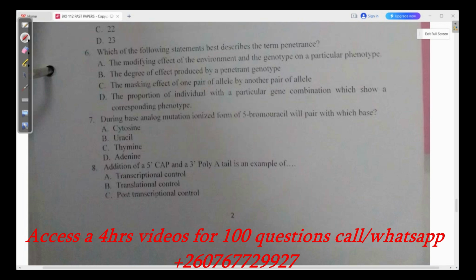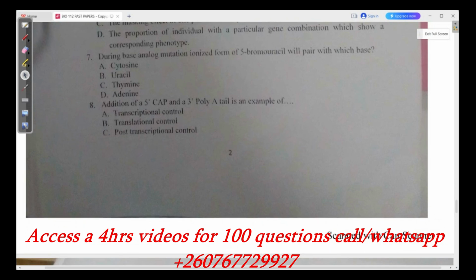Then D is saying the proportion of individuals with a particular gene combination which show a corresponding phenotype. So that's the answer, D, for question 6.